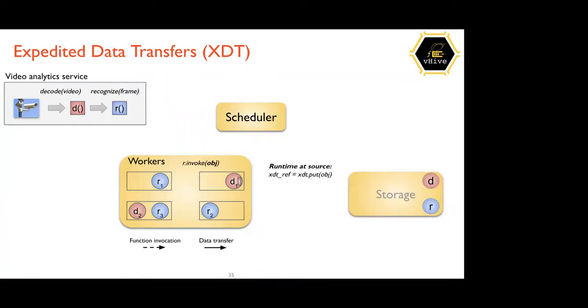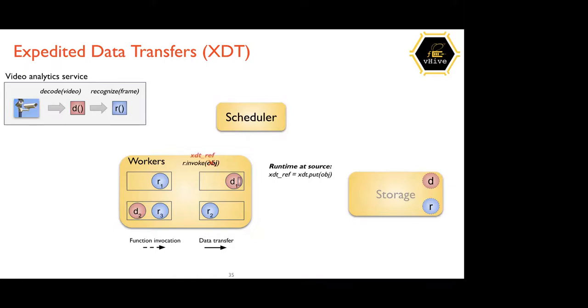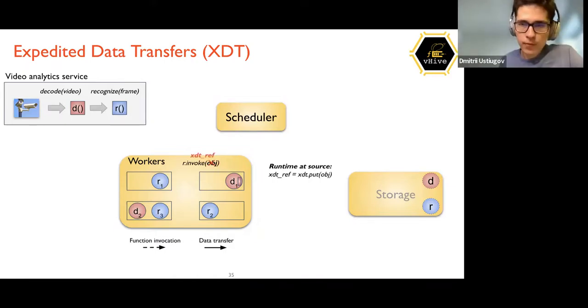The runtime in that decoder function instance keeps this object buffered in the decoder function's memory, creating an XDT reference. The runtime then replaces the object in the invocation request with the XDT reference, and forwards this lightweight packet with the object stripped to the scheduler.